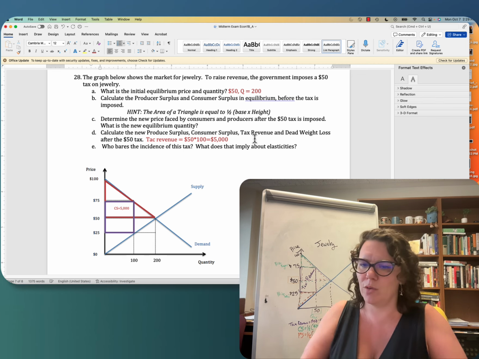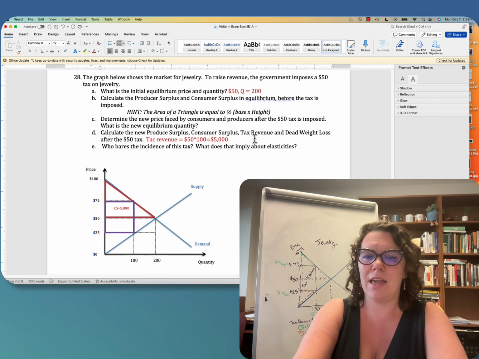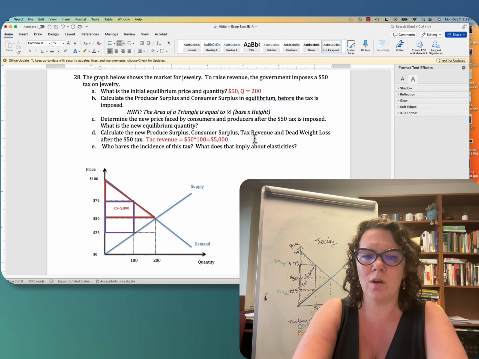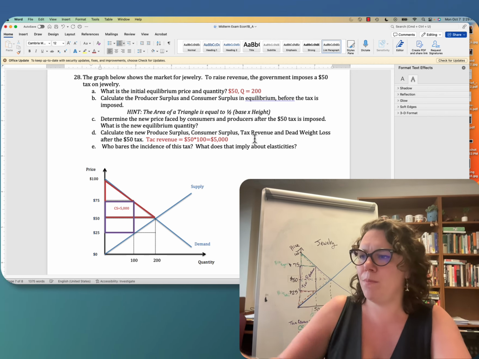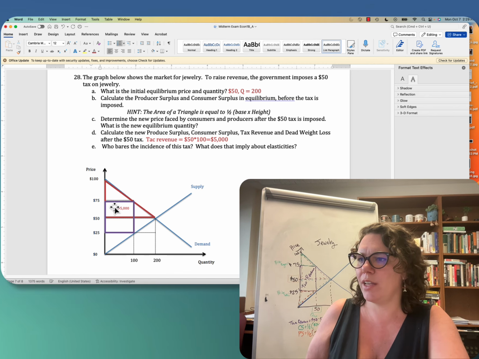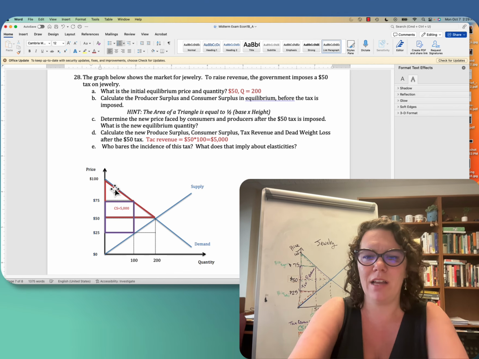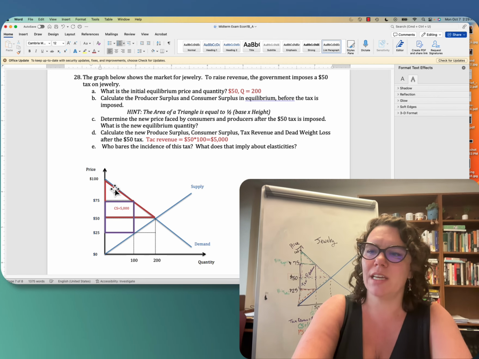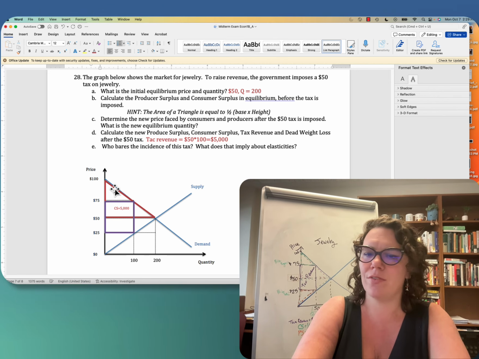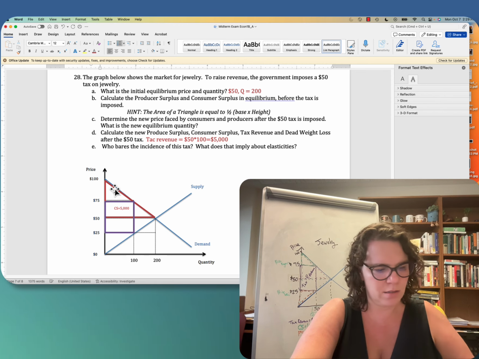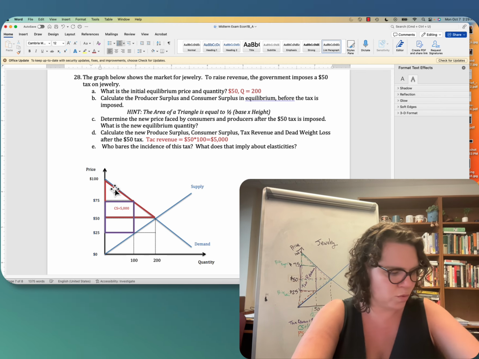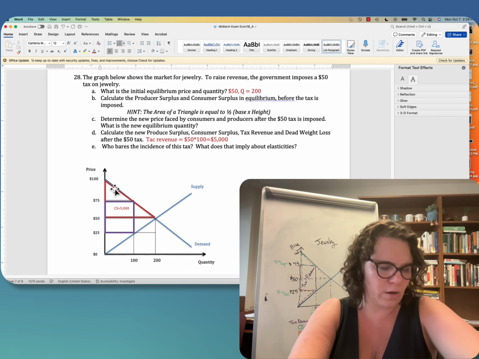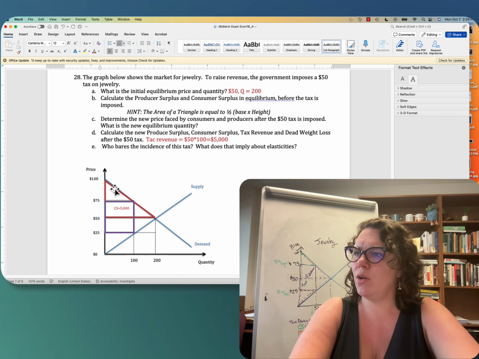In this example over here, we have a consumer surplus, which is equal to 1/2 of a base. And the new base of this triangle is 100, and the height is 25. So 100 times 25, which is going to give us 1/2 times 2,500, or 1,250.